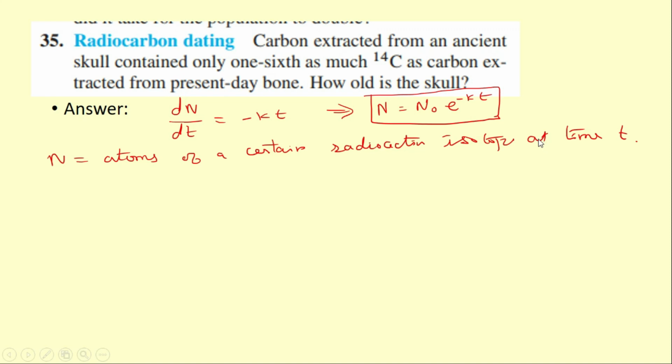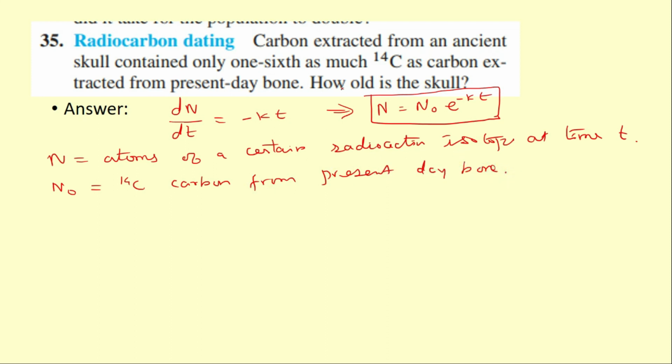Okay, and N0 here is the present day bone. The number of carbon isotopes extracted from the present day bone. So N0 is 14C carbon from present day bone.